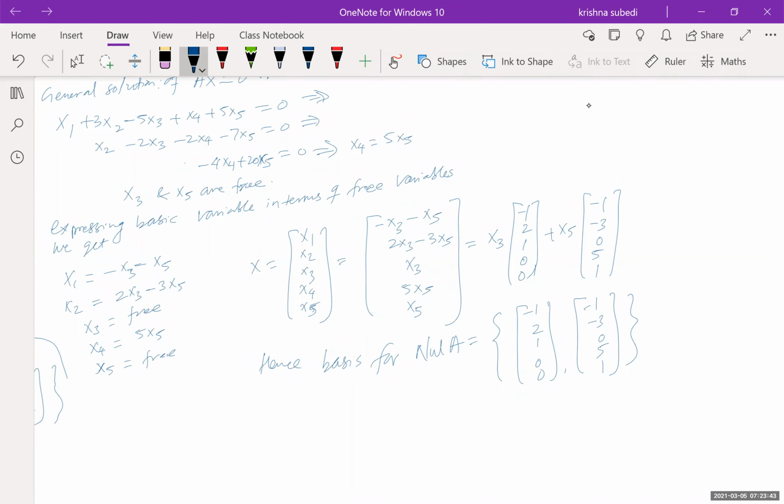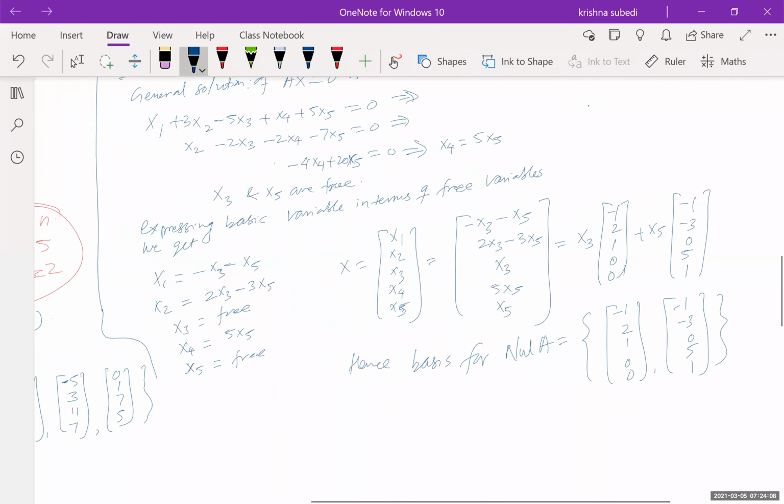So far in this lesson, what we did is we started with the definition of dimension of a vector space, and then we talked about column space, row space, and null space, and then we learned how to find the dimension of column space, dimension of row space, and dimension of null space.